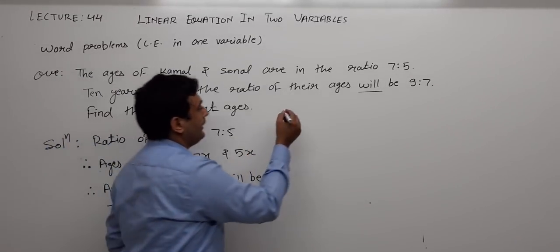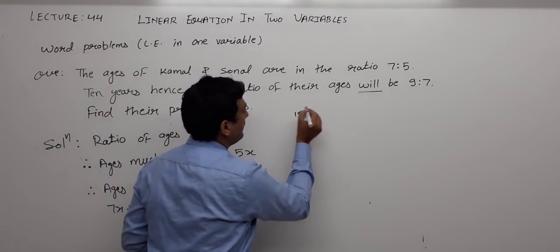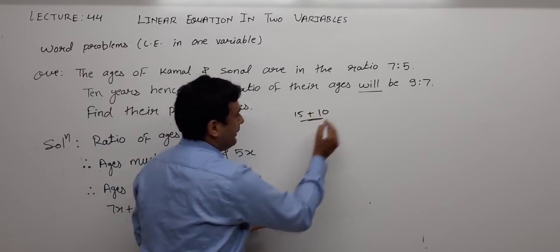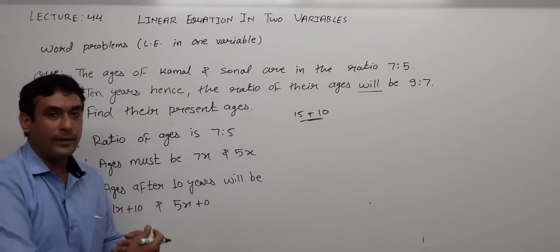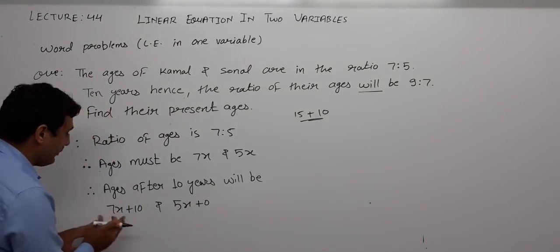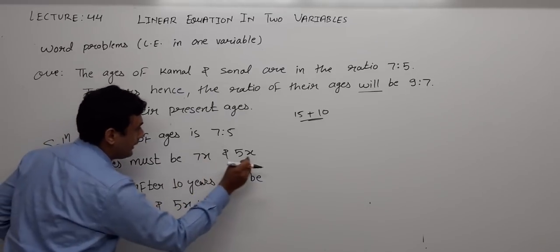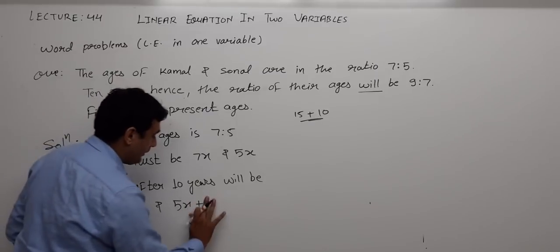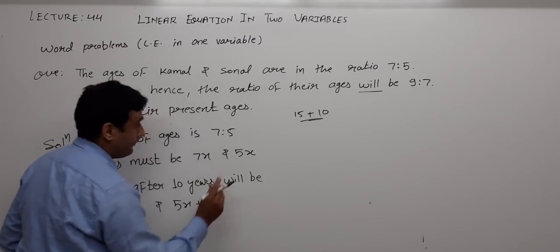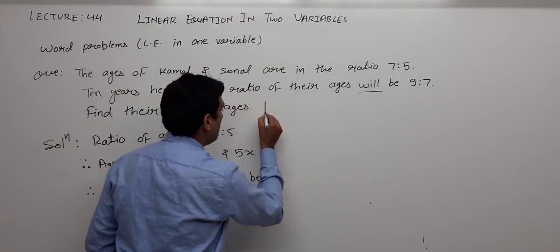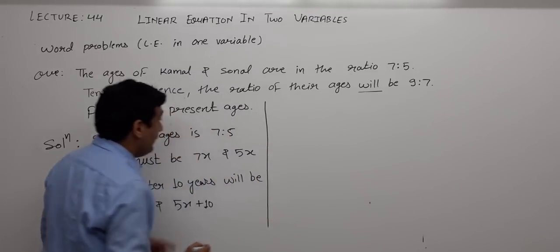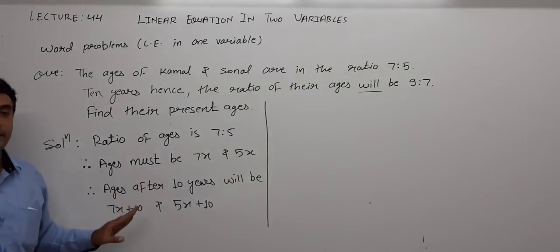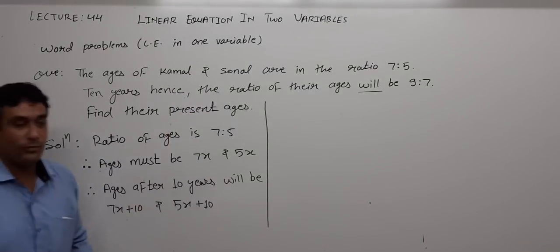For example, your current age is 15 years, so your age after 10 years will be plus 10. It means you have to add 10 to get the age whatever you will be after 10 years. So here current ages are 7x and 5x. So after 10 years, 7x plus 10, 5x plus 10. Now further it is given in the question that the ratio of the ages after 10 years is 9:7.